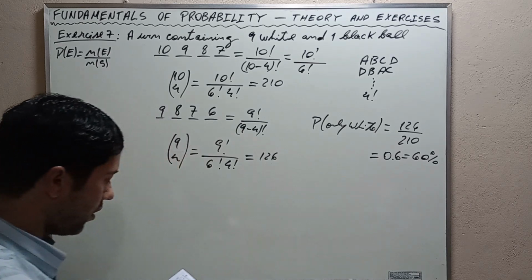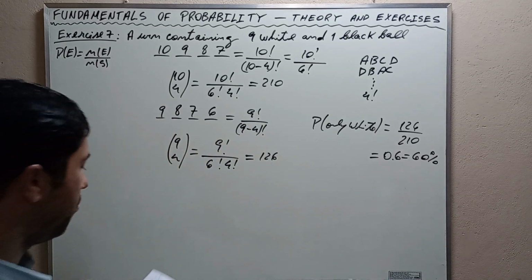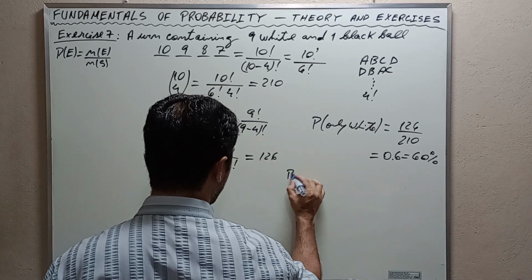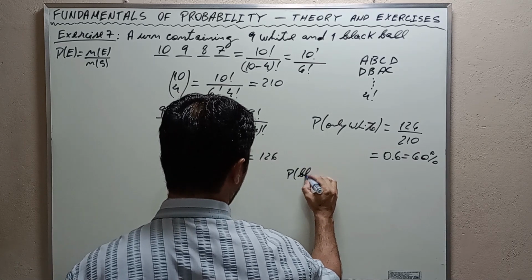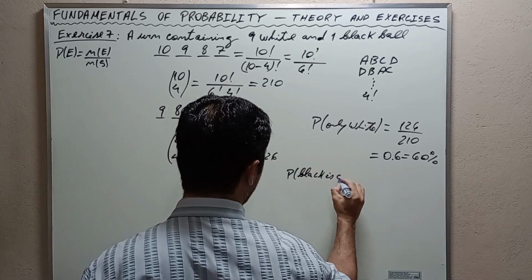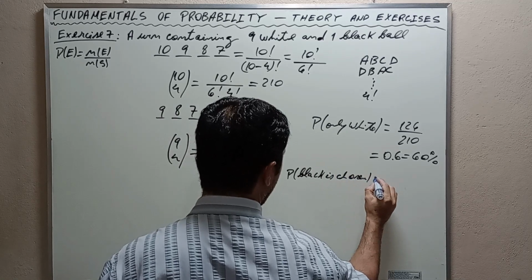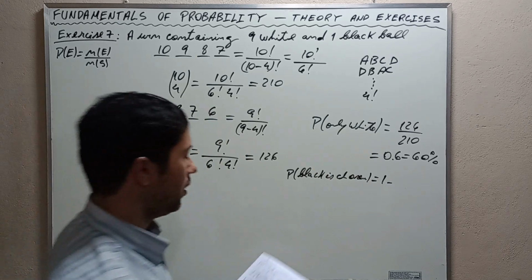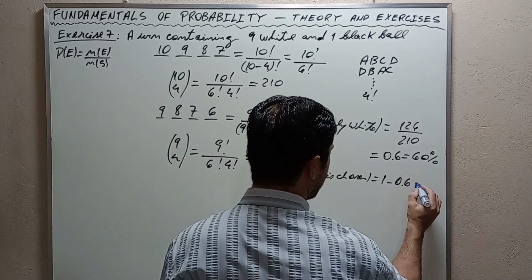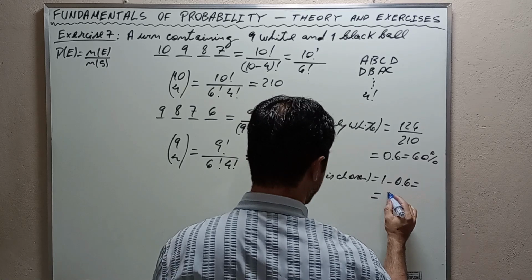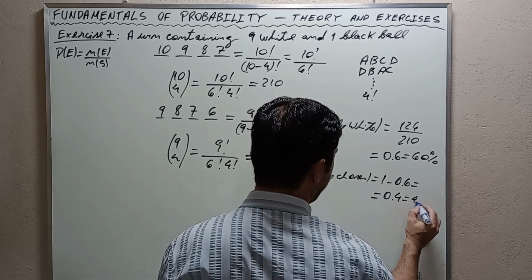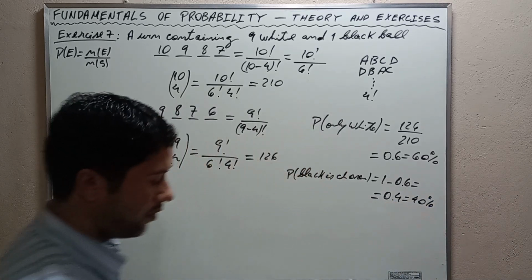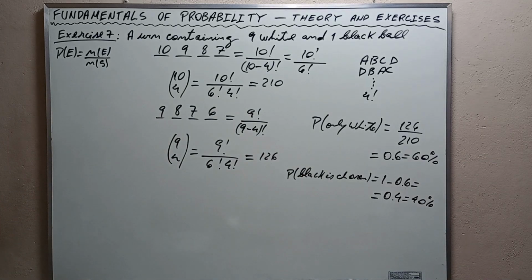Then the probability that the black ball is chosen is equal to 1 minus the probability of choosing only white, 0.6, and this is equal to 0.4, or if you prefer, 40%, my friends. And this is all of exercise 7.